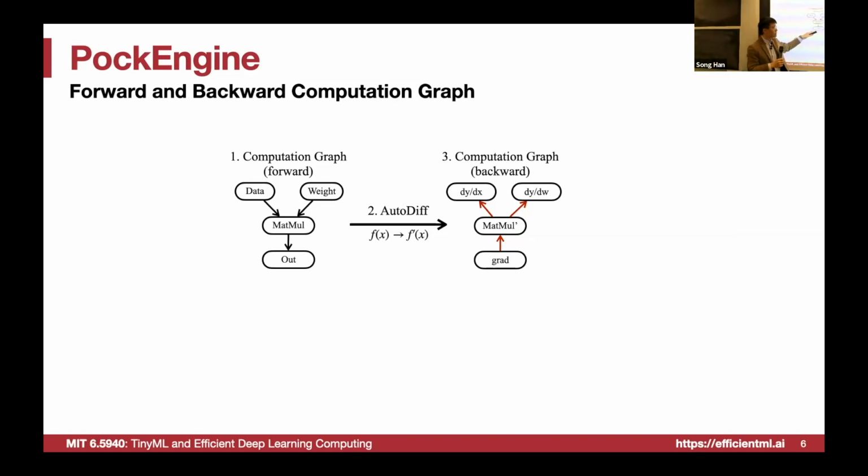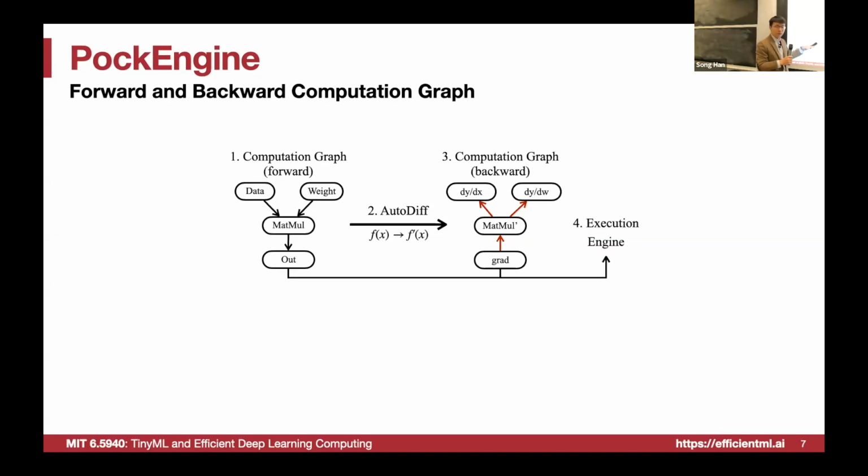You see all the arrows, the directions are reversed. The output becomes input, and you feed the gradient. You get the gradient for the weight and also for the activations. And after you have both the forward graph and also the backward graph, we are going to do the execution.